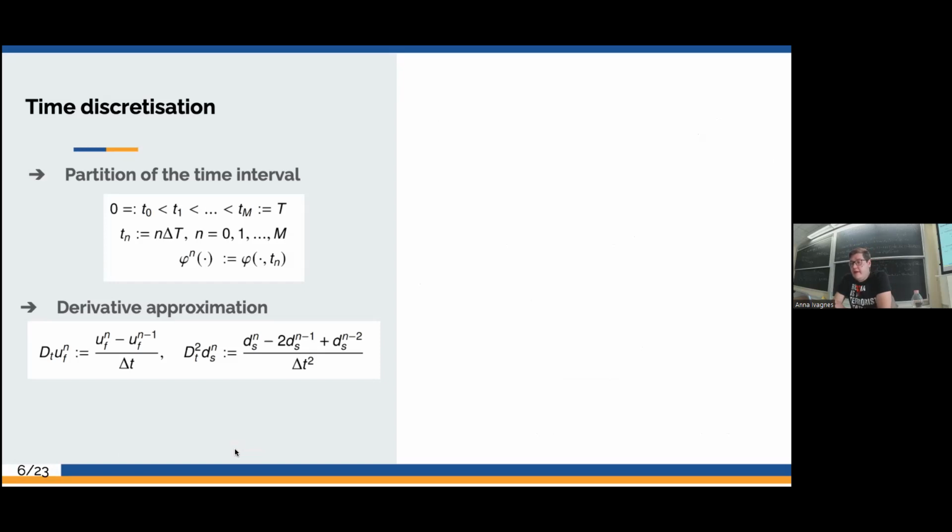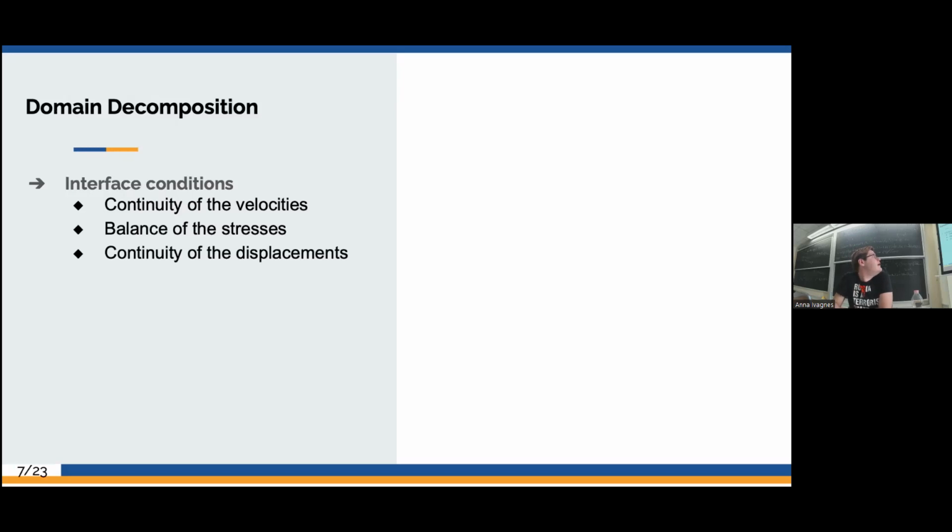Now, then we move to domain decomposition. And our approach, as it's mentioned in the title, is the optimization-based. So for that, we use our interface condition. First, I mentioned at the previous slide that we already decouple the fluid displacement from the rest of the problem.